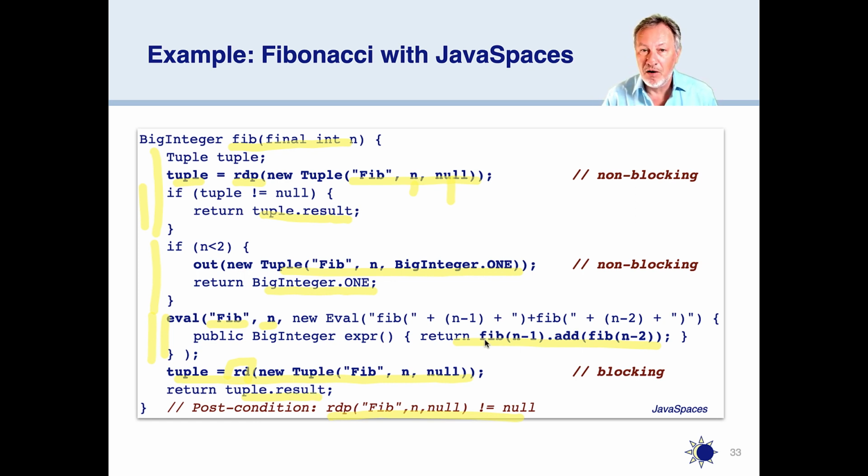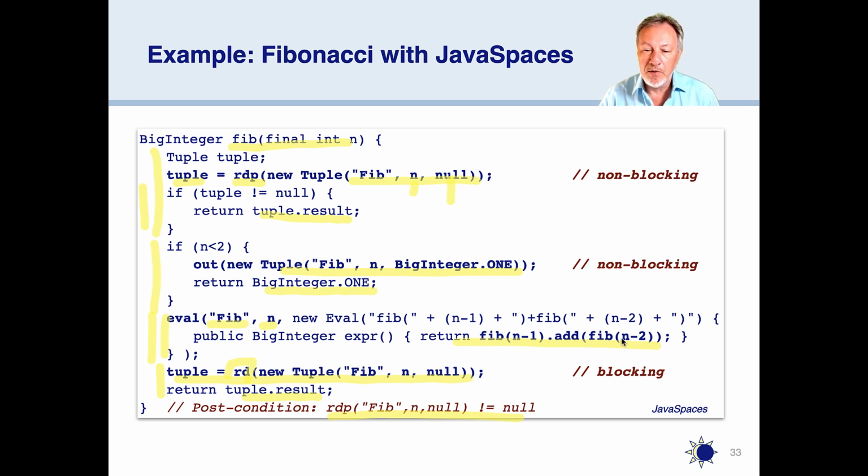We could have optimized this code, but this illustrates quite clearly. Now the tuple is in the tuple space. We can grab it and return the final result. So there's the recursive algorithm implemented using JavaSpaces. Note that we've written the code in a very inefficient way because it's multiply recursive.